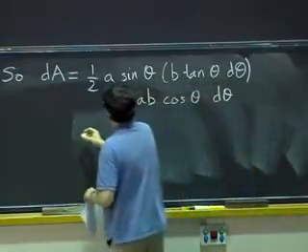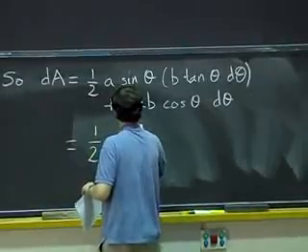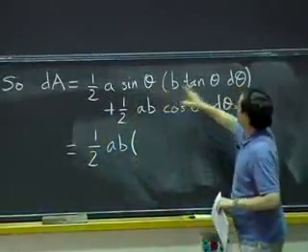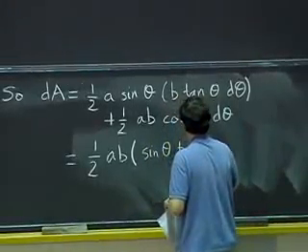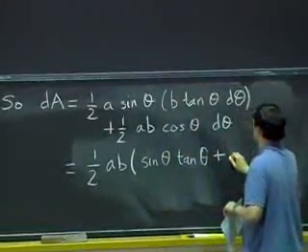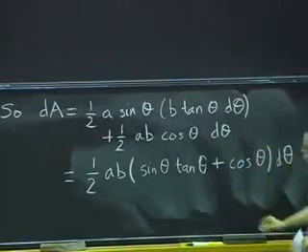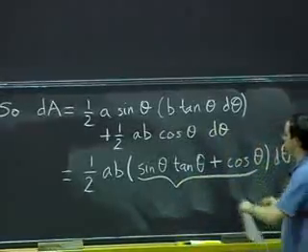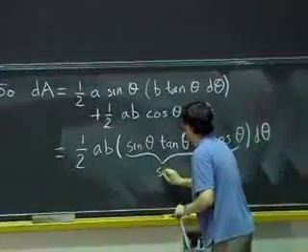And if we collect these things together, we get 1/2 of ab times sine theta times tangent theta plus cosine theta, d theta. And if you know your trig, then you will see that this is sine square over cosine plus cosine square over cosine. That's the same as secant theta.